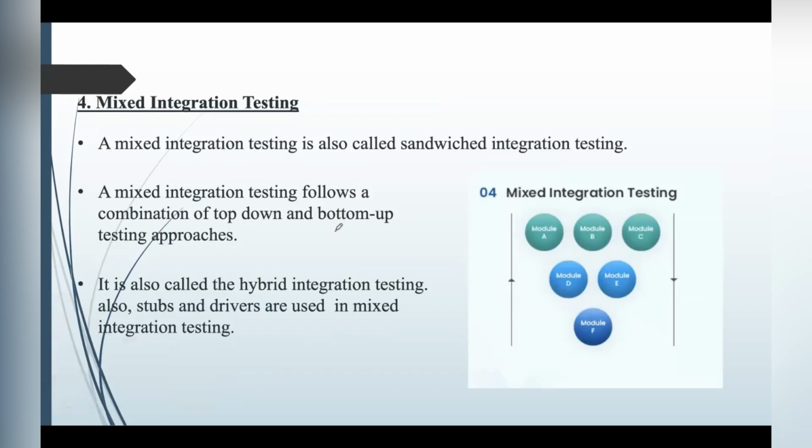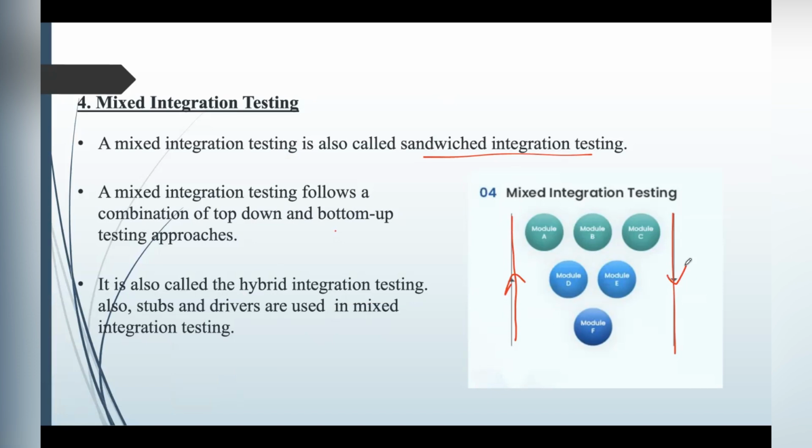And the last one is mixed integration testing, which is also called sandwiched integration testing. This is actually a combination of top-down as well as bottom-up approaches. So here in the diagram, you can see bottom-up and top-down approaches. It's a combination.